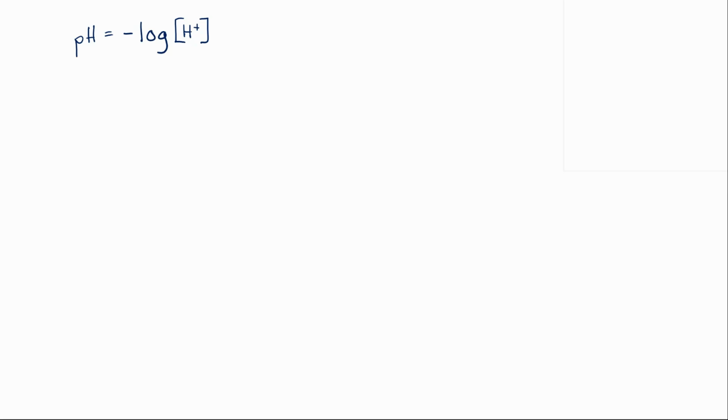If we want to take the inverse of that, if we want to solve for H+, then what we're going to do is move the negative sign and then undo the log by raising 10 to that power.